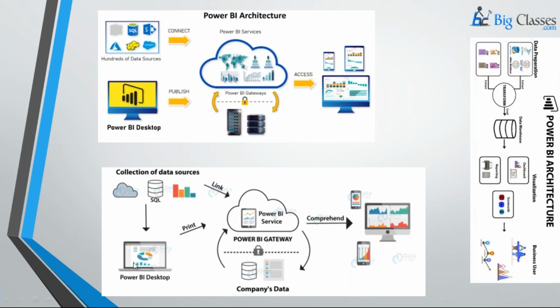Power BI Desktop grabs the data from a collection of different data sources, and from there you publish into the Power BI service, and then the report is distributed to mobile users, Android users, or business users through laptop devices or whatever. This is one scenario. The other scenario is also distribution of reports, but if you observe here, the transformation and the loading are happening.